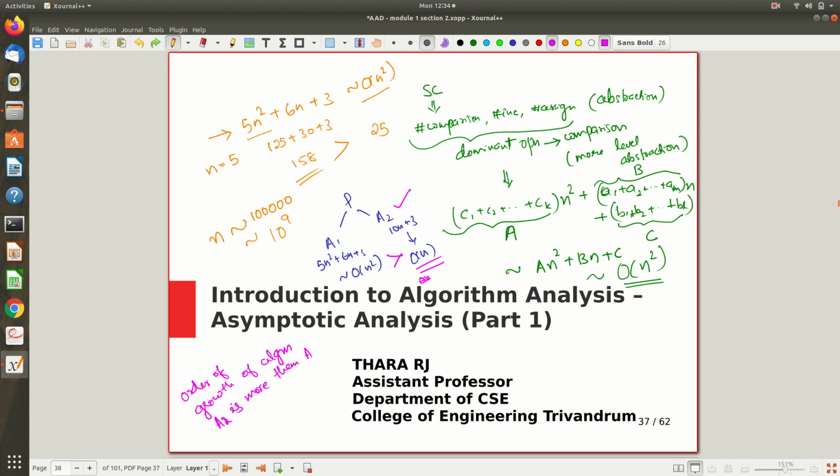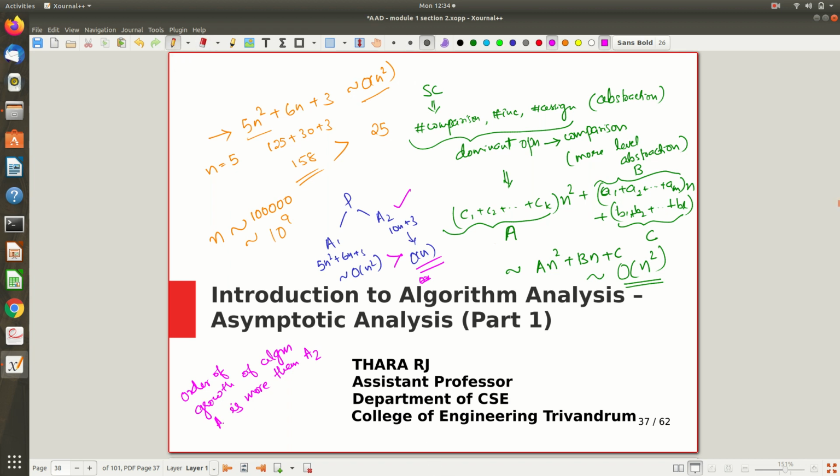Sorry, I first said it the other way around. Order of growth of A1, which is order of n square, is much more than that of A2. A2 is growing in a linear fashion, whereas A1 is growing in a quadratic function. So that is about it.